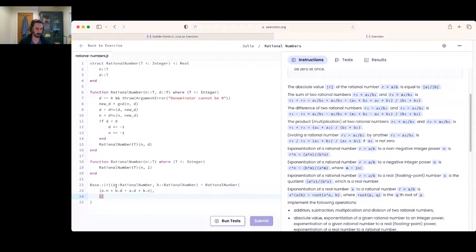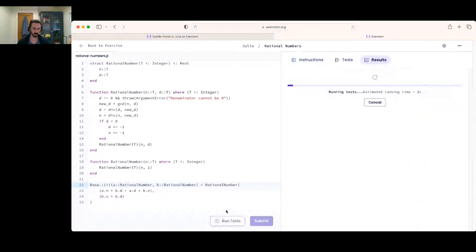So BD, BN, sorry, times BD. So we've overwritten the addition function, or it's not overwritten, but it's a better phrase for it, we've created a new implementation of the add function for two rational numbers, and it returns a third rational number.